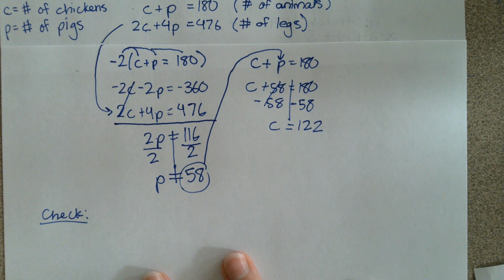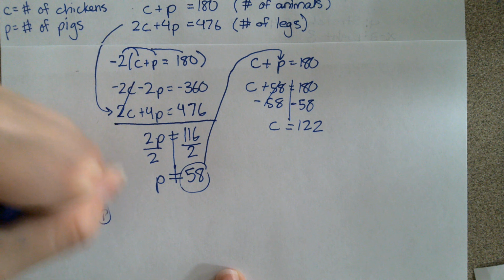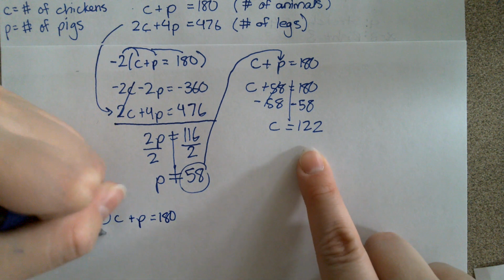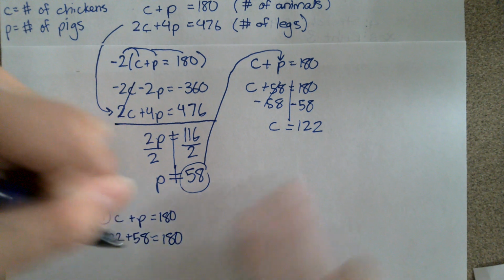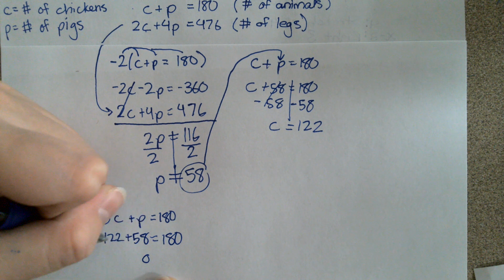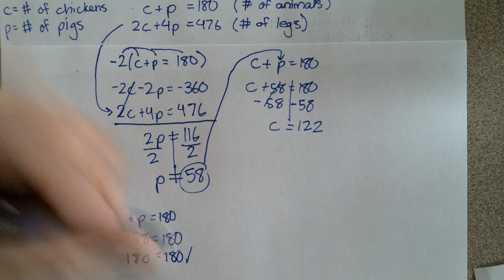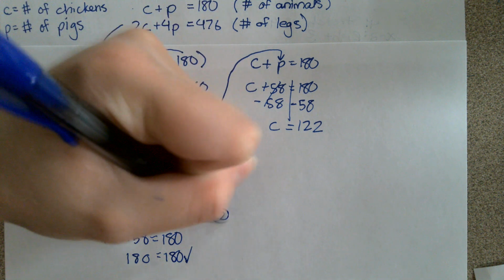That one should definitely work since that's the one I just used to find C. So first equation was C plus P equals 180. C is 122 plus P is 58 equals 180. 8 and 2 would give us 10, 5 and 2, 7, 8, 180. If you need a calculator for that, feel free to use it. That one worked out.